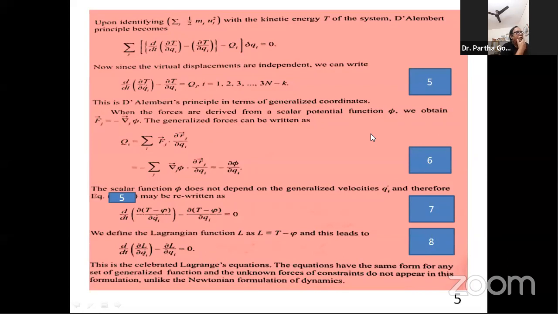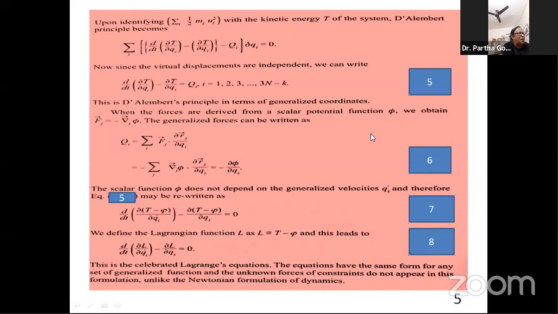Please continue. Okay. Now, I would like to do a few problems. In fact, later on, I may give a huge number of problems as assignment to show how this Lagrangian formulation can solve problems on particle dynamics. So I have taken a very simple system.